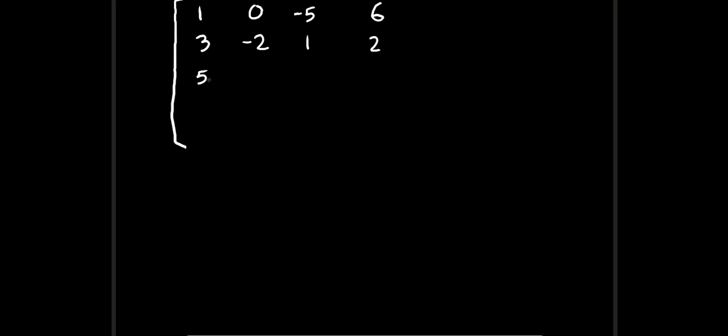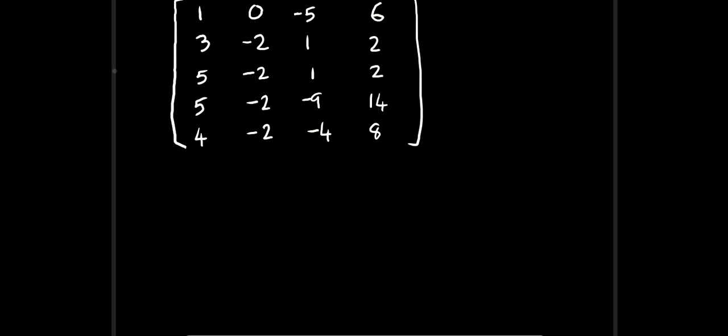And then 5, -2, 1, 2. The fourth row, 5, -2, -9, 14. And the last row, 4, -2, -4, 8.